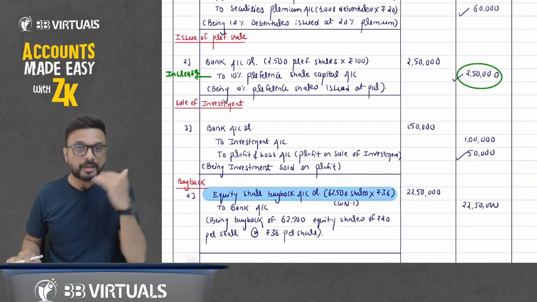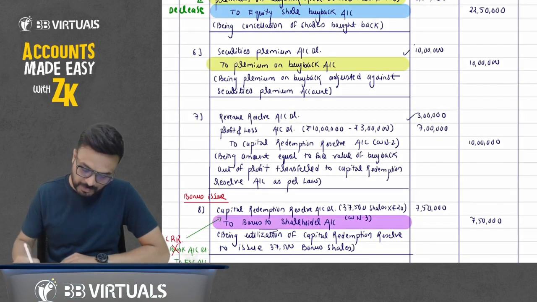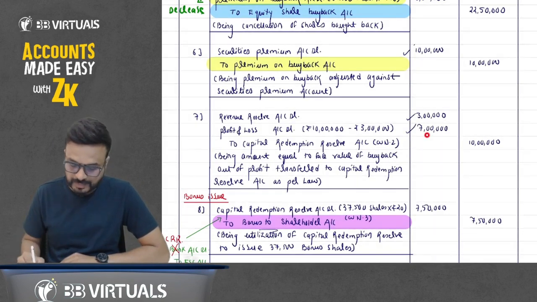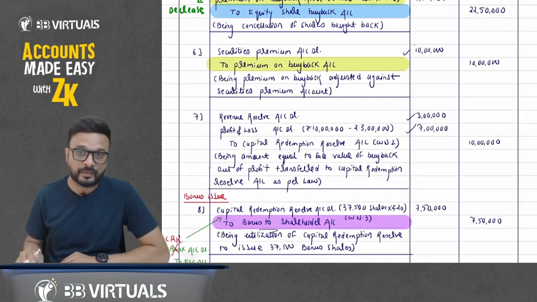Okay, credited means we'll add it, and here you can see we have utilized 7 lakh rupees to transfer to the CRR account. Utilized means we have debited here, so we'll deduct this 7 lakh rupees.